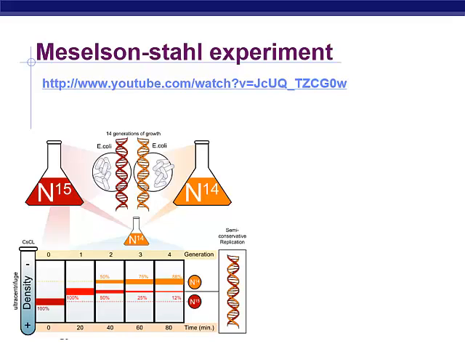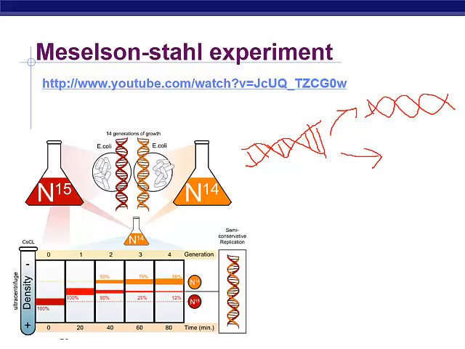Let's see if I can draw it for you. Okay, this is your original strand. And when it's copied, one copy is all the original strand, like this. And one copy is all new DNA.